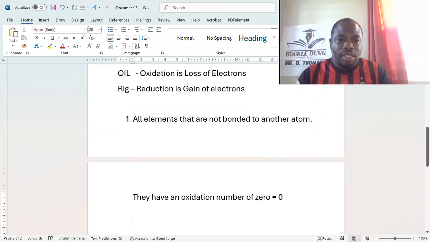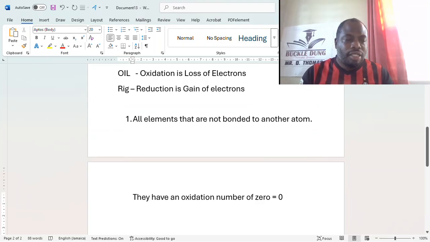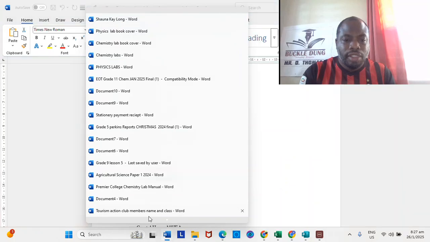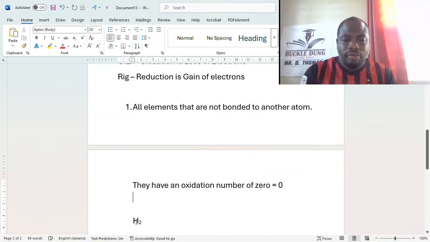So whenever you see an atom that is not bonded to another element, a prime example is the 7 diatomic elements. Even though they're bonded to the same atom, they fall into this category as well. So say for example, hydrogen gas is looking like that. The oxidation state is 0.